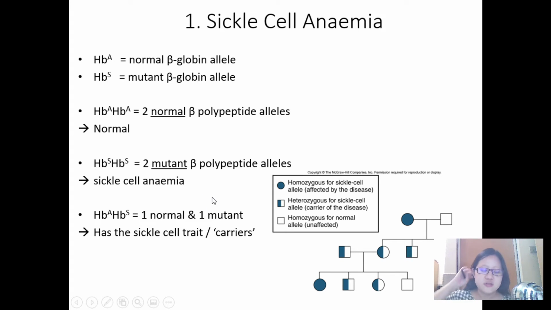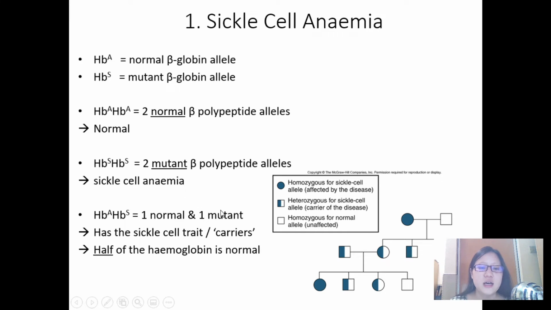Now, it's very interesting here because this person will have half the red blood cells which are normal. Okay, and half the hemoglobin is normal, but half of the hemoglobin is not normal, is problematic. So this person would have the sickle cell trait, but the person has enough normal hemoglobin to be able to function normally and not experience any symptoms.